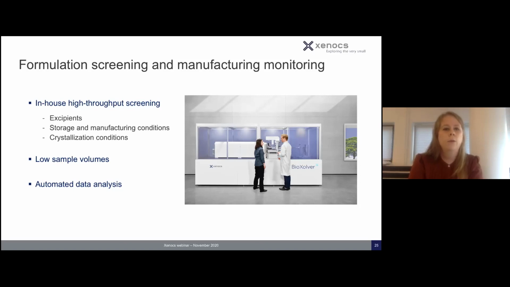It's also important that you can use low sample volumes to save sample, and of course, automated data analysis is important. And the biosolver combines all of these properties.